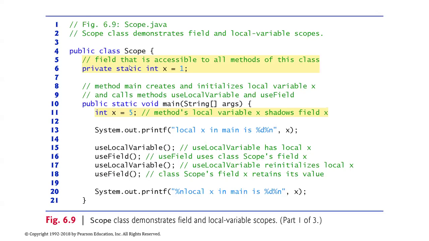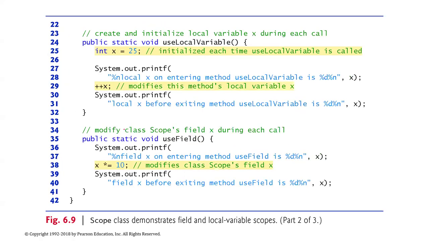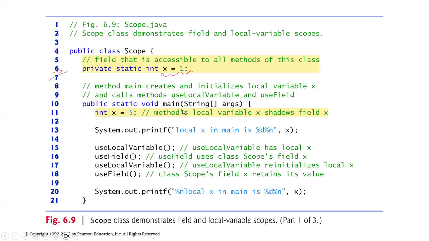Okay, let's have a look over this. Here, we have declared a private static int variable x, and we assign 1 to x. That means the scope for x is from line 6 to the last line of the program, which is 40. Then in our main method, we have another x there, right? This is a local variable x that shadows field x. So how about this x?